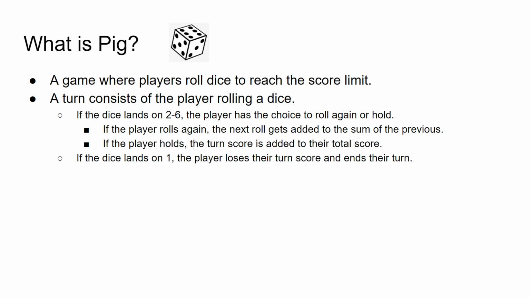Until the player chooses to hold, they can continue rolling, and that score is added to their turn score. Once they hold, their turn score is added to their total score. If the dice lands on 1, however, the player loses their turn score and ends their turn.